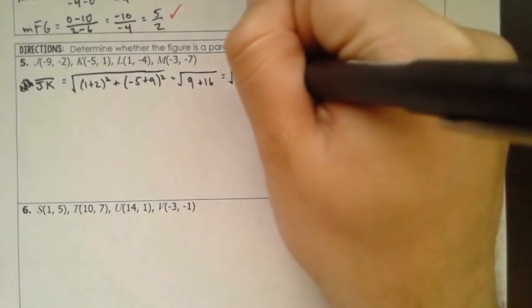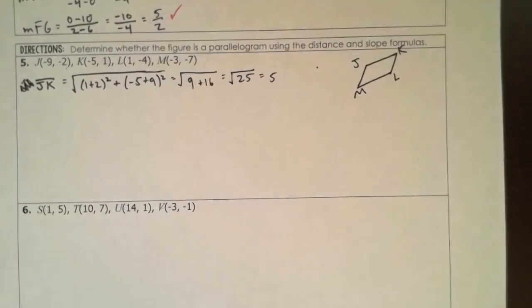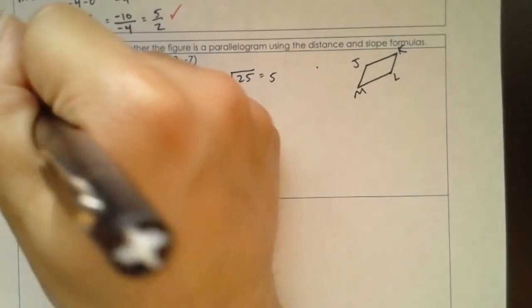And then this one we do simplify, we know because it's a perfect square, square root of 25 is just 5. So now we need to check that ML is also 5.